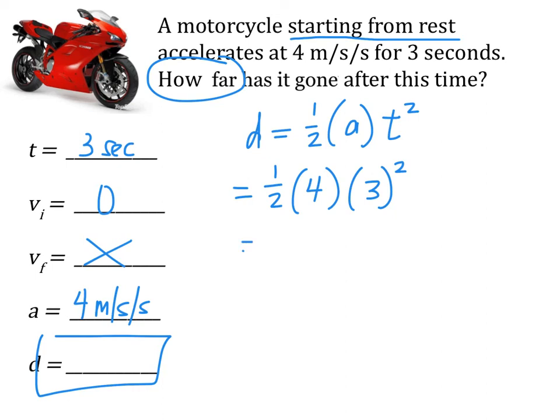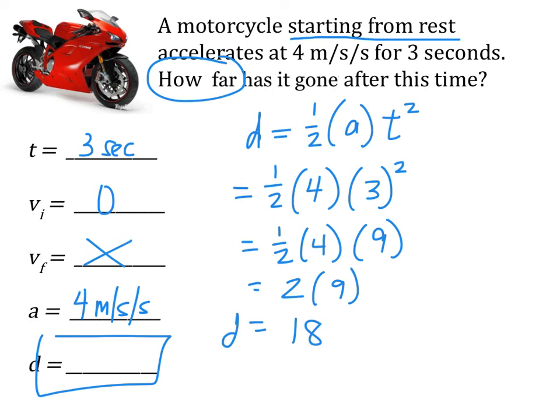So the first thing I'm going to do is to take the 3 and square that and turn it into 9. And then I can go ahead and do the rest of the problem. 1/2 times 4 is 2. 2 times 9 is 18. And I was finding a distance here, so this is going to be measured in our standard unit for distance, meters.